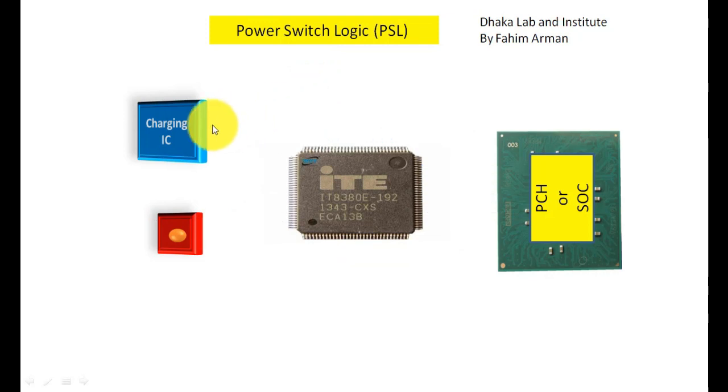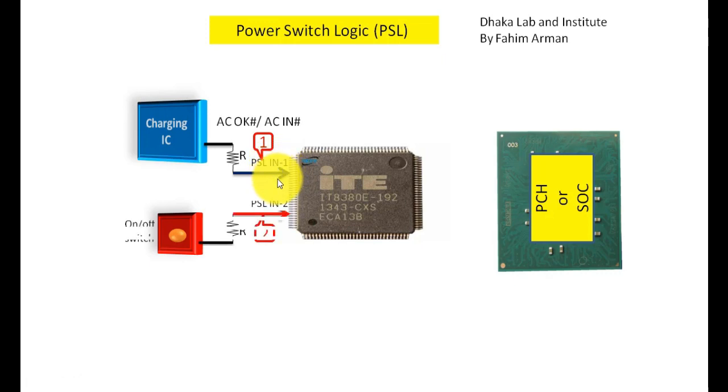So we can see that there's a charging IC, and first of all, when you insert an adapter, there will be a signal, that is SEOK hash or SIN hash. This signal will come by a resistor to IO named PSL in 1, and that will be low, as I told you before, that SEOK hash or SIN hash means there will be a low signal.